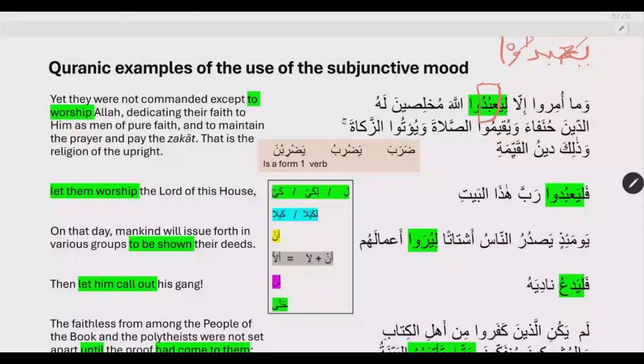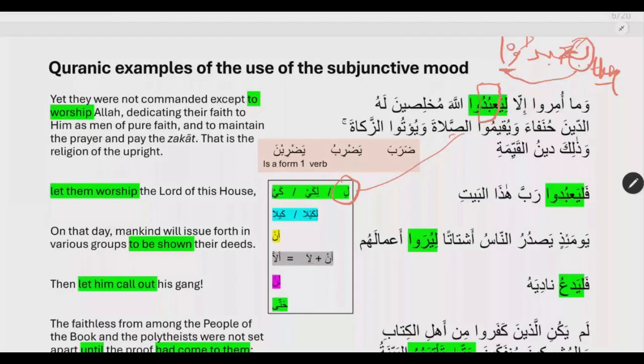So there's ya to make it 'they', with the waw and alif at the end. This together gives you the 'they', and abada is the root. And then the li in front, you can see the particle li here. This is one of the particles that we are looking out for. So li-ya'budu is 'for them to worship'. That's the meaning of li-ya'budu in this context here.